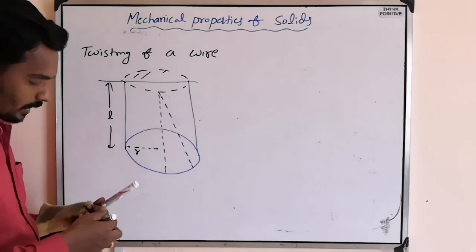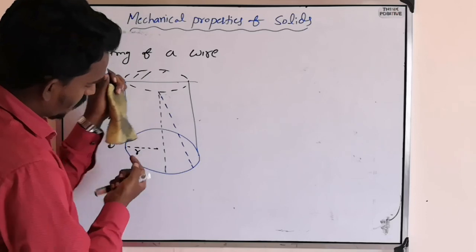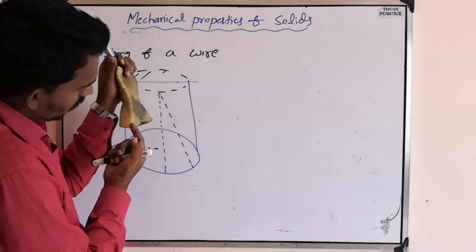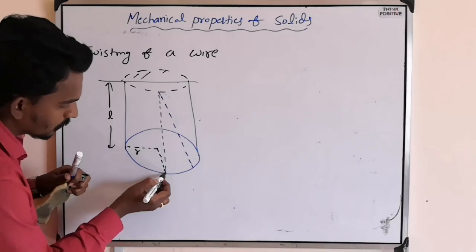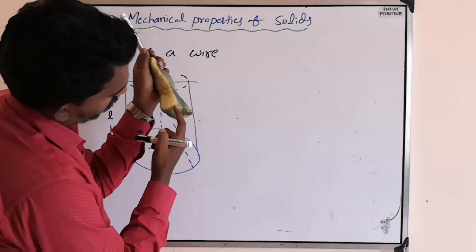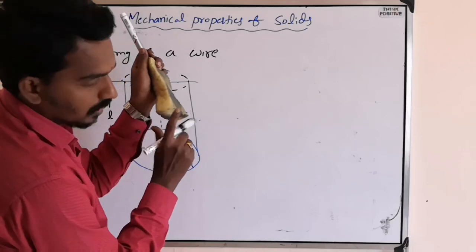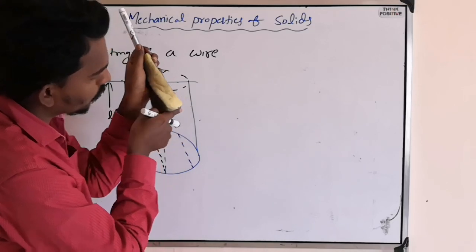But at the bottom, what happens here? There is a center here, and that is the line connecting to this point. When you twist this one, that also will rotate to another position.